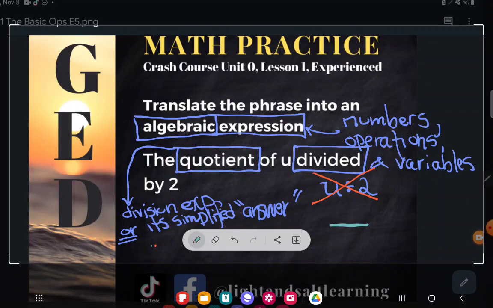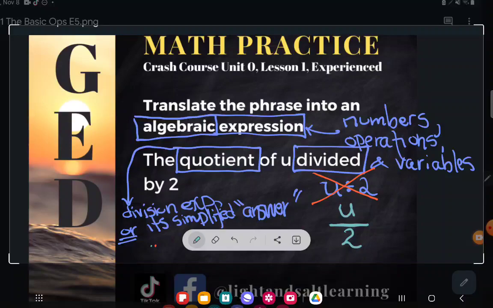It means the exact same thing. It still says divided by. So I can say u divided by 2, and you might say, well, why is that superior? Well, the fraction bar is able to not only express division, it's able to group. So it's just a really powerful symbol.